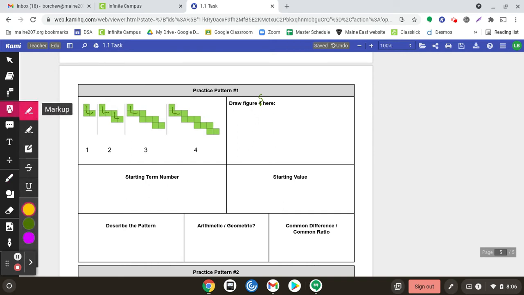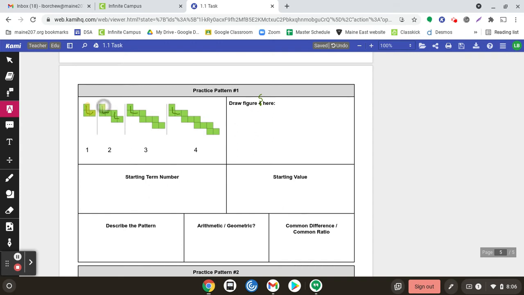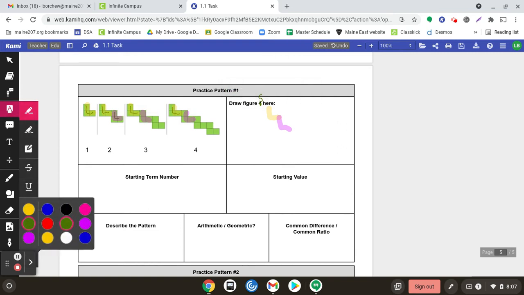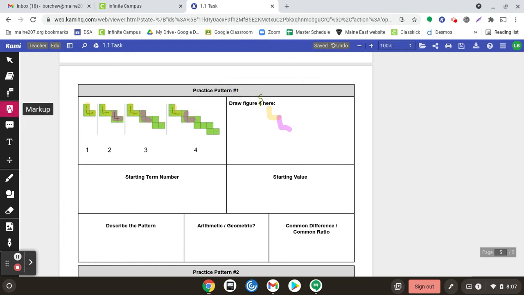But that's really hard for me to see, so I'm going to highlight. The first L is going to be in yellow. So I'll draw that. Might as well draw it on the next figure. The next L I'm going to draw in purple. There it is right there, right there, right there. I'll draw it right here. The next L, let's make it red.